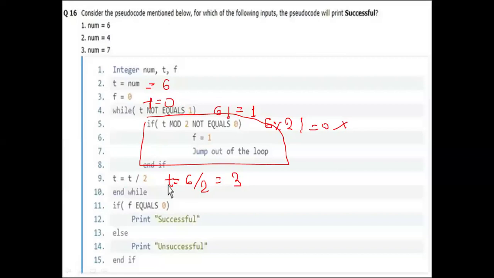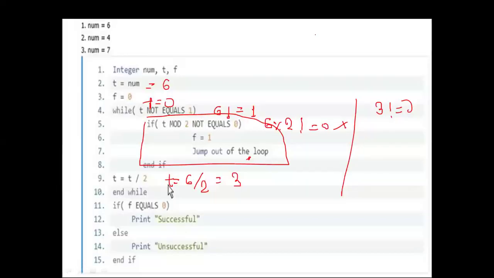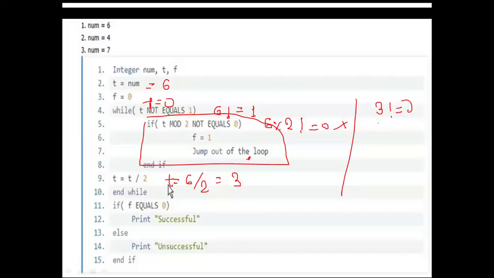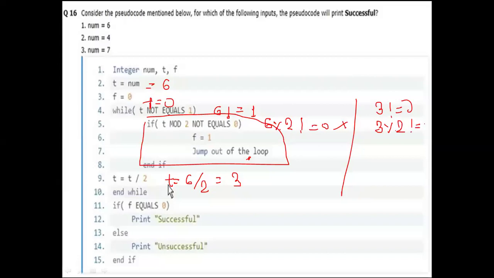When it is 3, you will go back to the loop once again. When you are going back to the loop once again, then you will check it to be 3 not equal to 0. Condition true, come down. Then here you will check 3 mod 2 not equal to 0.